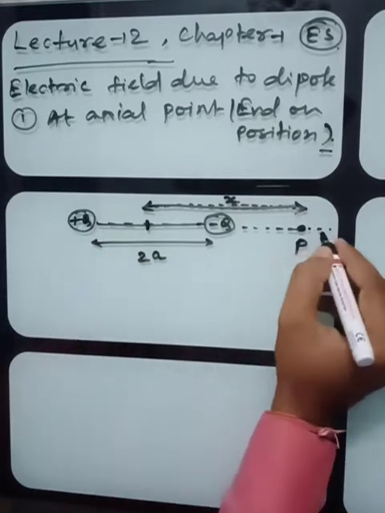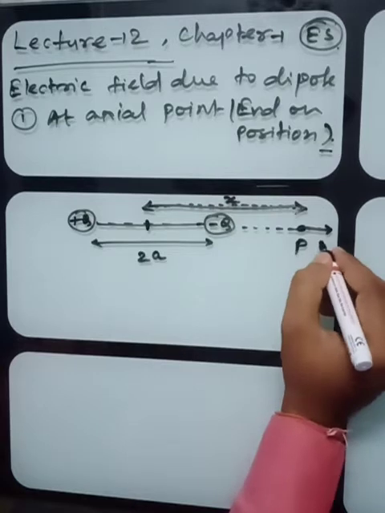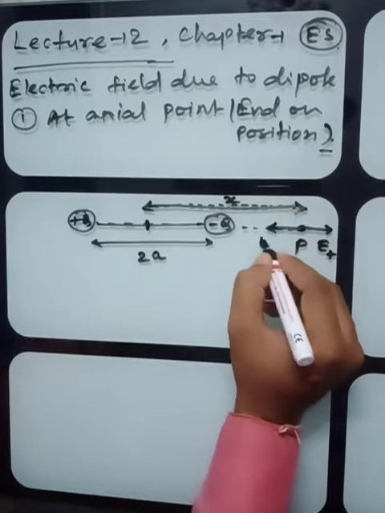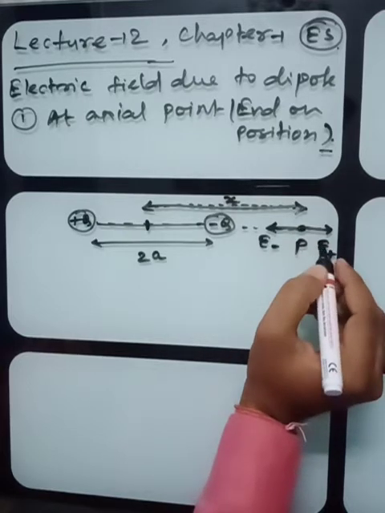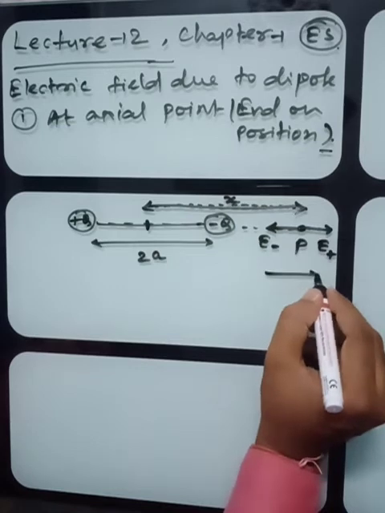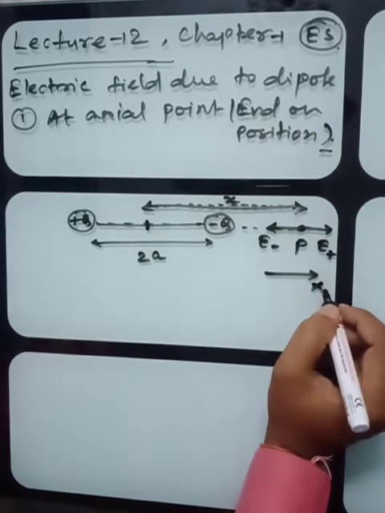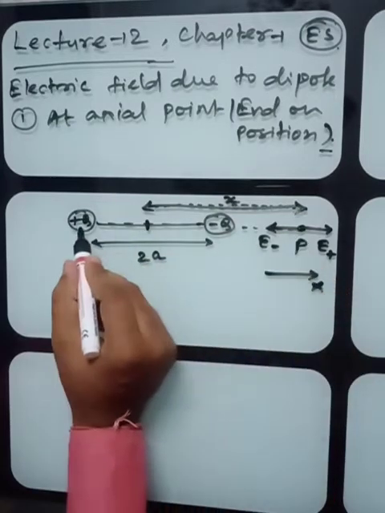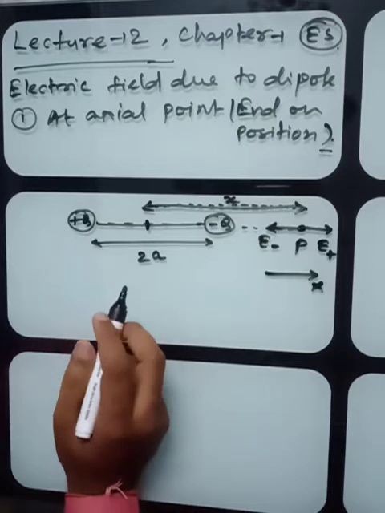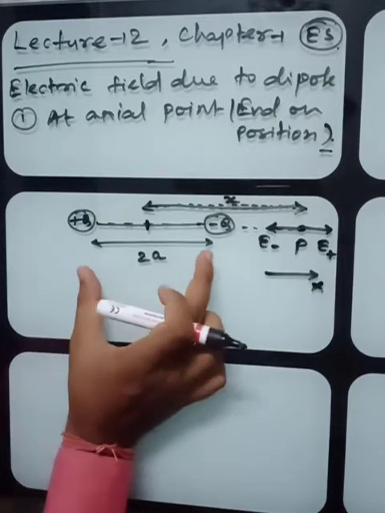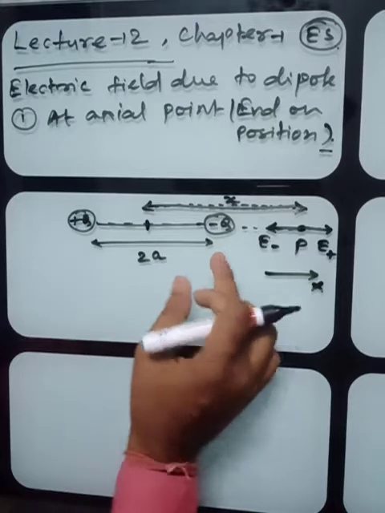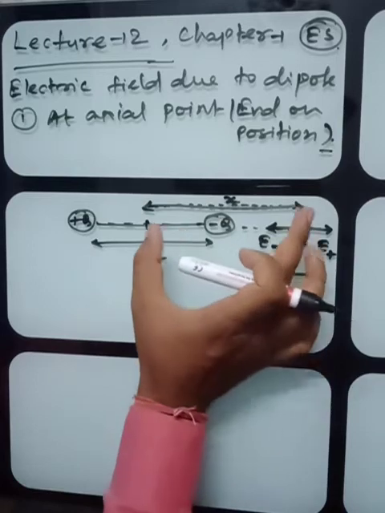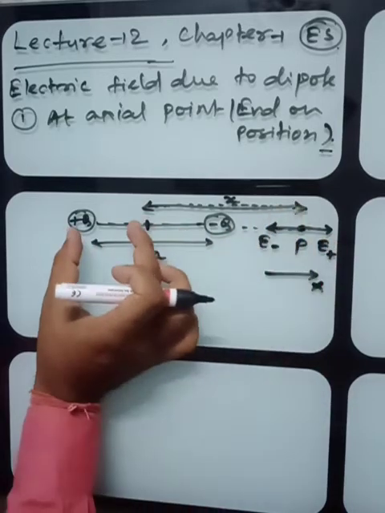Due to the positive charge, the electric field will be away from it. Due to the negative charge, the field will be towards the charge, E minus. We will consider this direction as the x axis. Now we have to find the electric field at point P. The distance between the charges is 2a, and from the center it is x, so each charge is at a, that is 2a by 2.